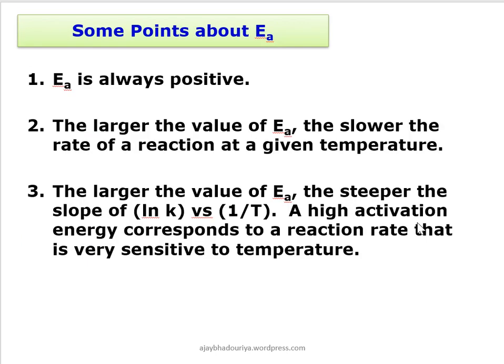There are some points for the activation energy. The main point is that the value of activation energy is always positive, and the greater the value of activation energy, the slower the rate of reaction at a given temperature.